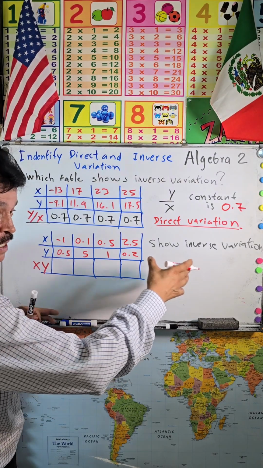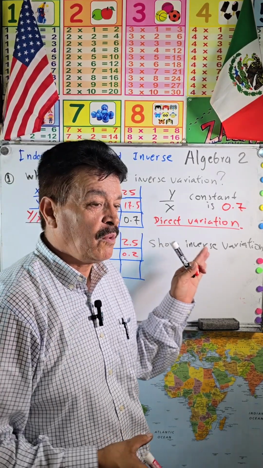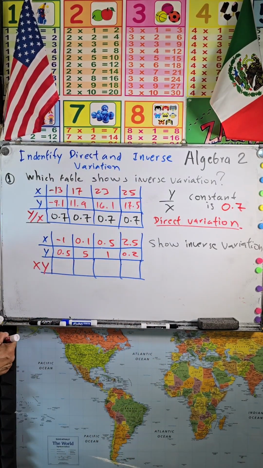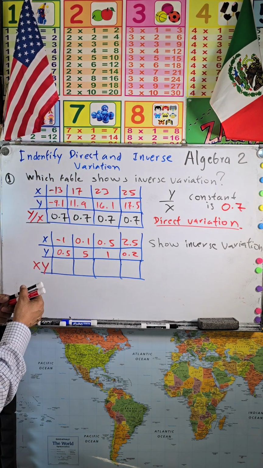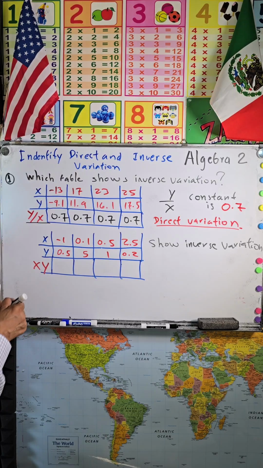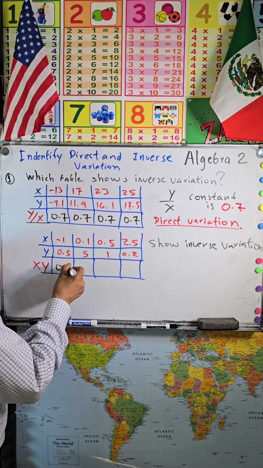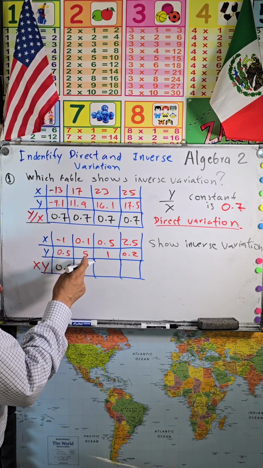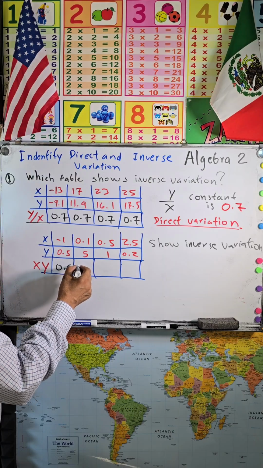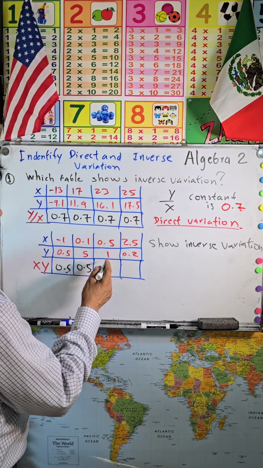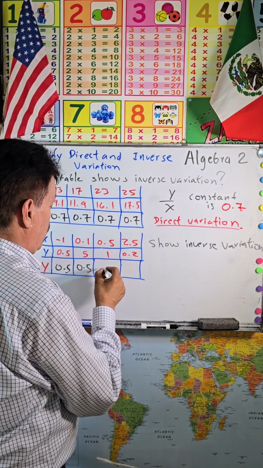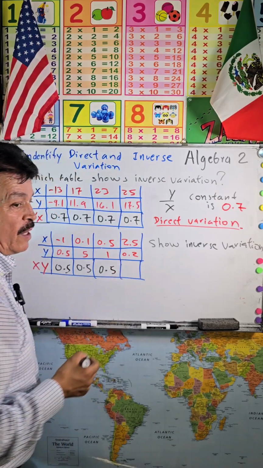Remember the formulas that I explained to you, these little concepts. Okay, so you multiply here, look at this, negative 1 times 0.5. What is the answer? Here it is 0.5. Here 0.1 times 5 is 0.5. Here 0.5 times 1 is 0.5, right?